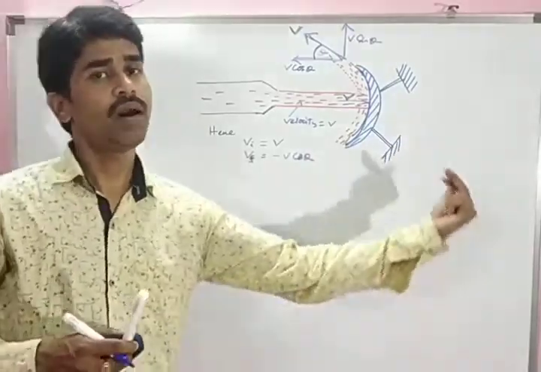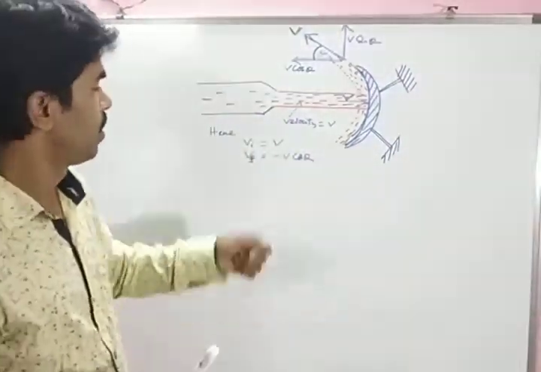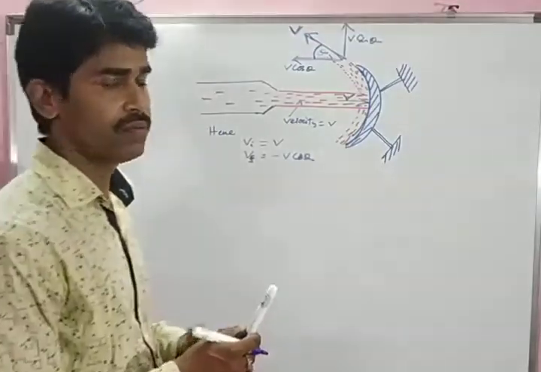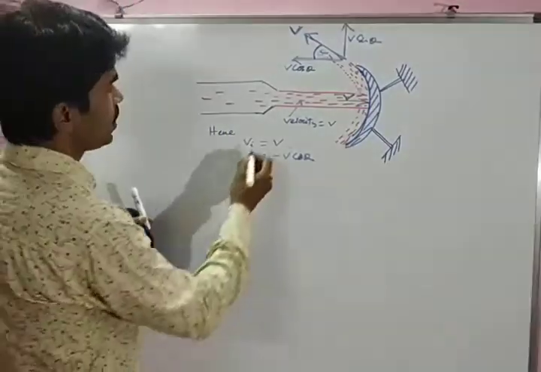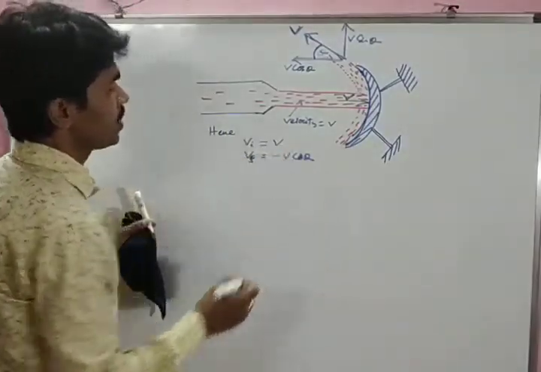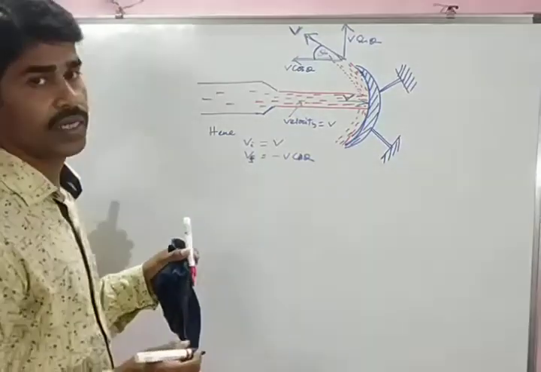The velocity is in the opposite direction, that's why we consider the negative sign, minus v cos theta.